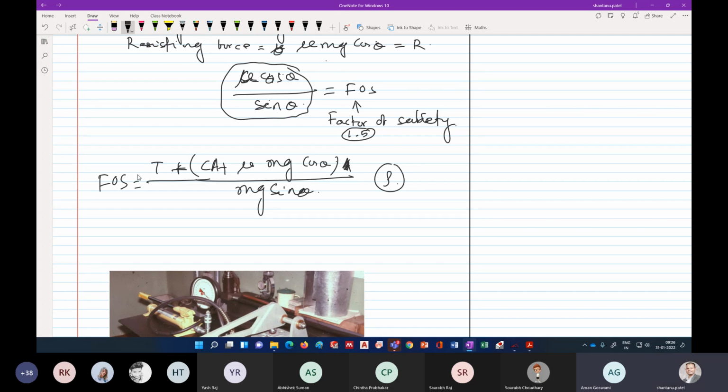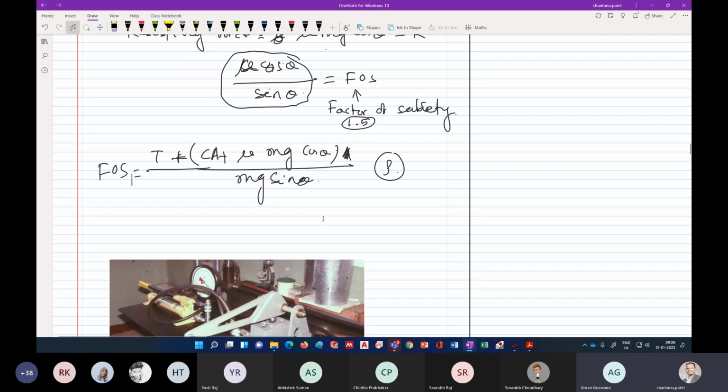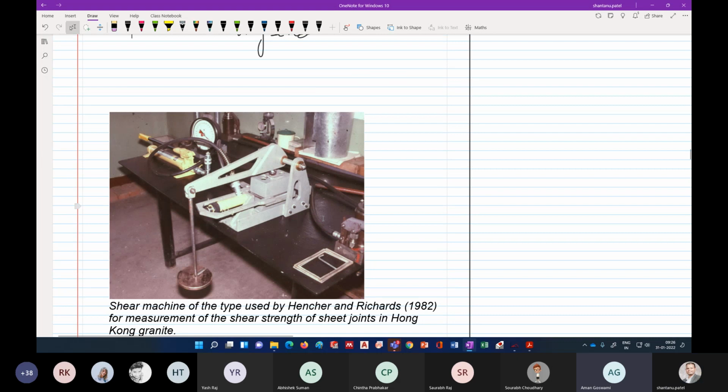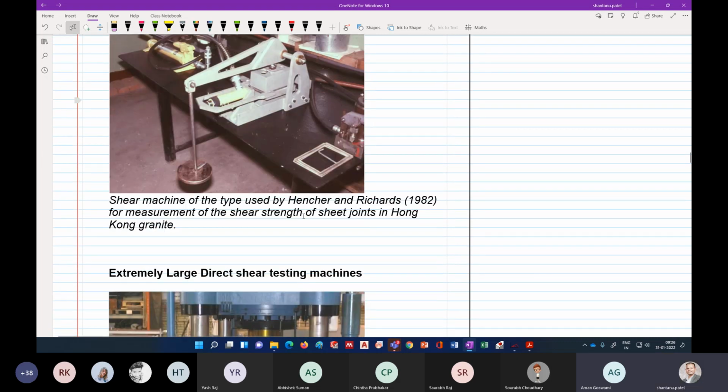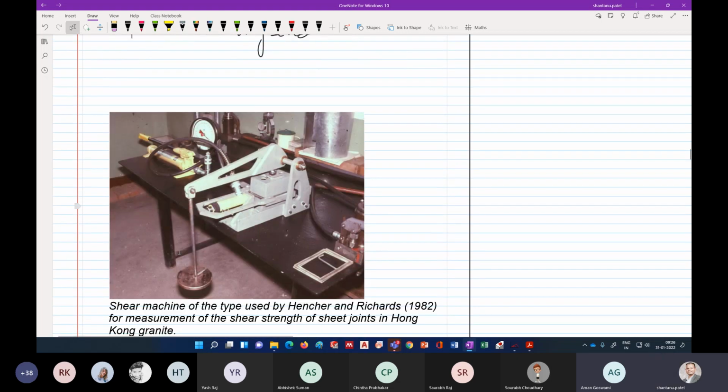Okay, we will see this thing. Maybe we'll solve an example and I'll show you this. Okay, so this is how it looks like in the lab. This is the wall thing which is loading, transferring the load.